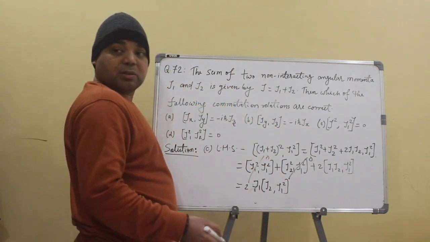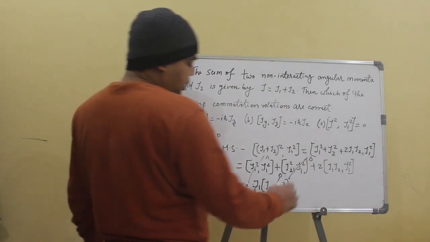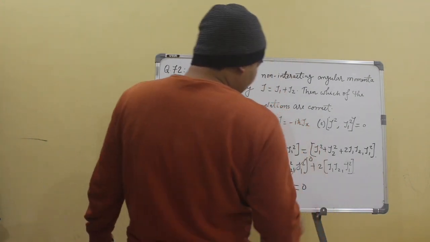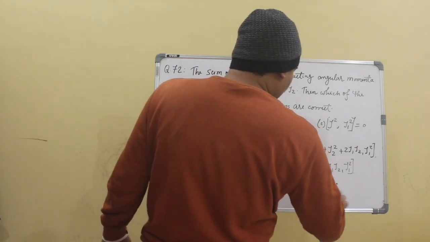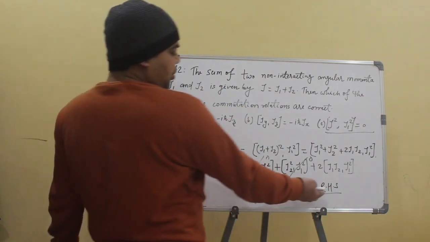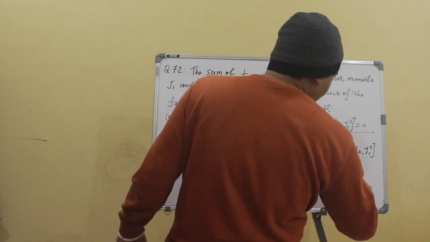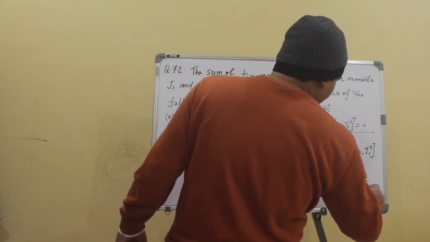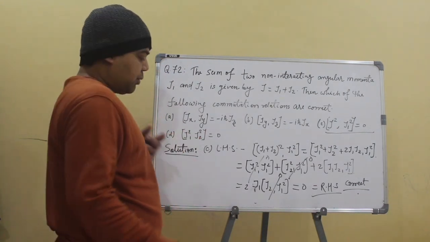But again J2 and J1 are independent, as they are non-interacting, so this commutator is 0, which equals the RHS. As the RHS is 0, this relation is correct.